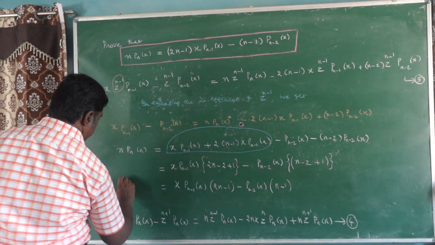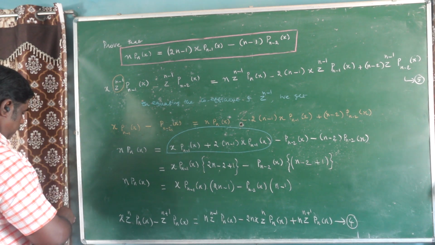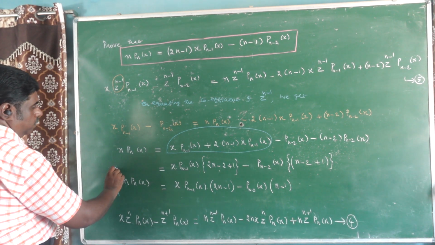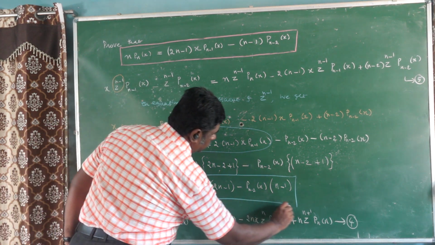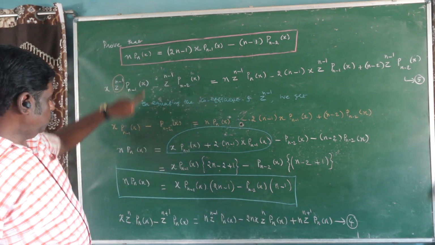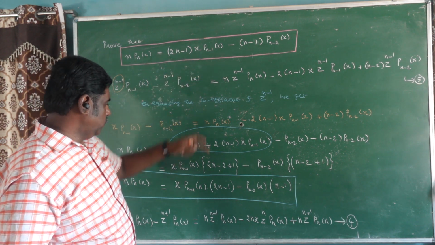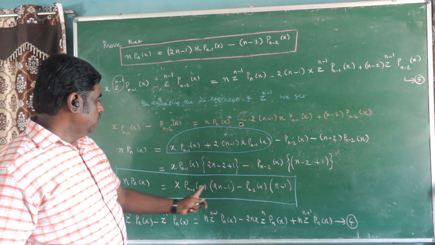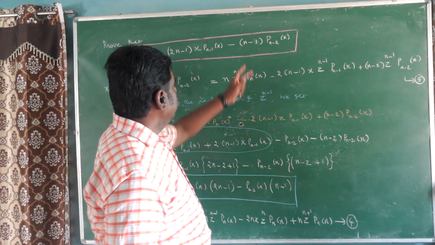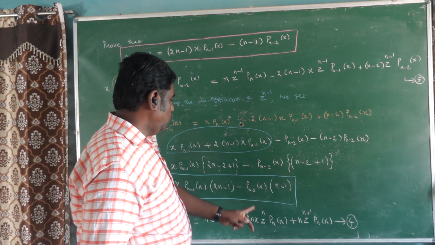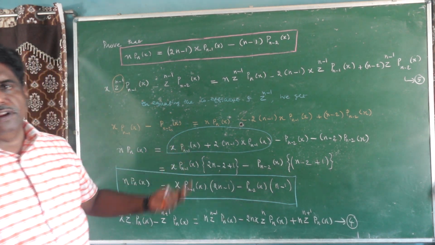Left hand side is n Pn of x. Now we have arrived at the result. See that n Pn of x equals (2n minus 1) x P n minus 1 of x minus (n minus 1) P n minus 2 of x. That's all about the proof.